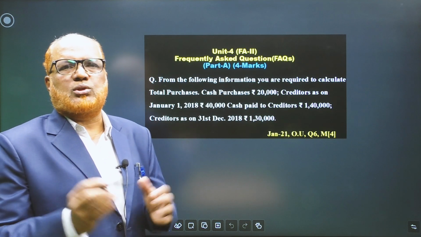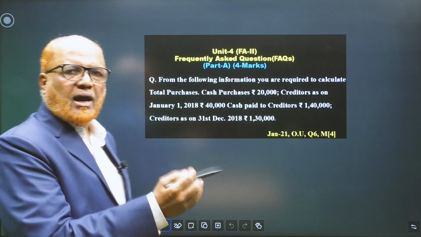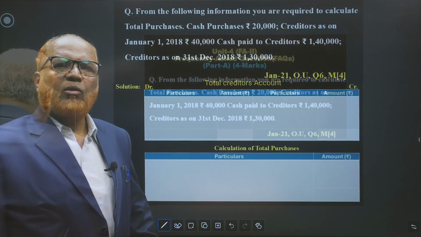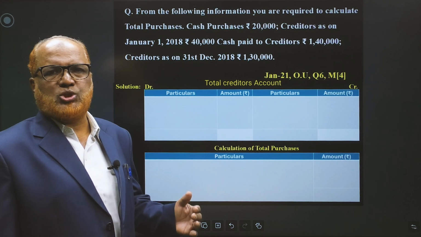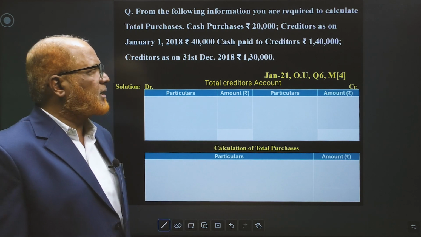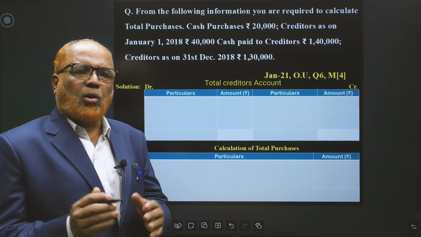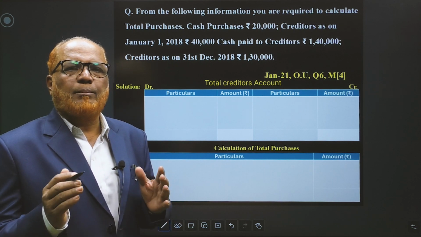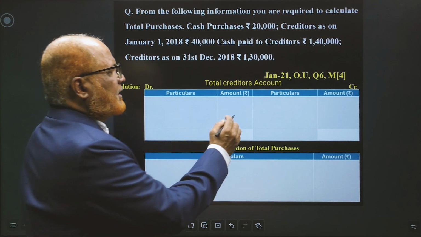Now, how to find out the credit purchases? By preparing total creditors account, I am going to show now. Now we'll start the solution of this problem. Finding out the credit purchases by preparing total creditors account. You know, creditor is a liability and all liabilities will show credit balance. So opening balance should always be taken on the credit side.